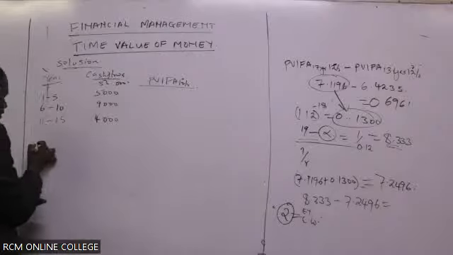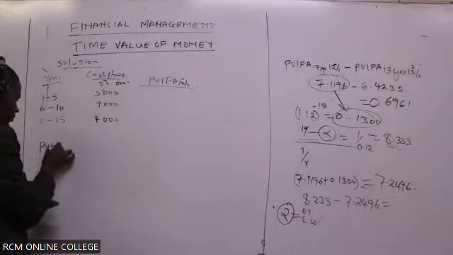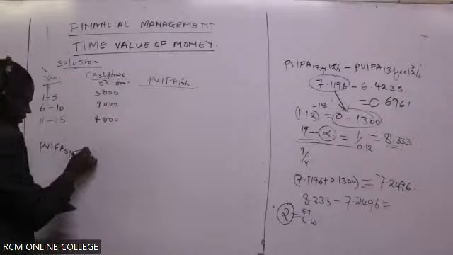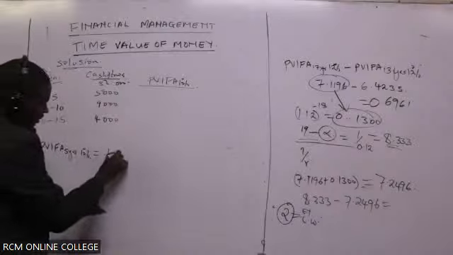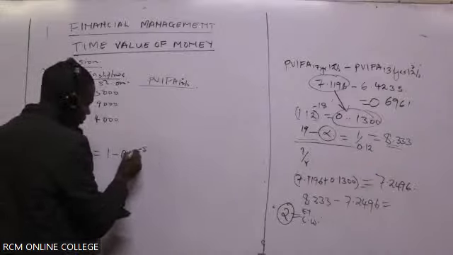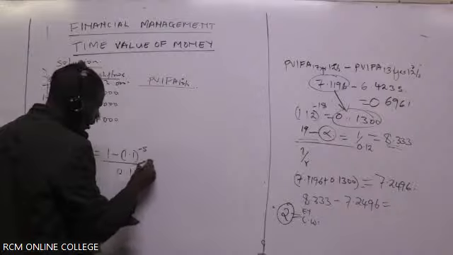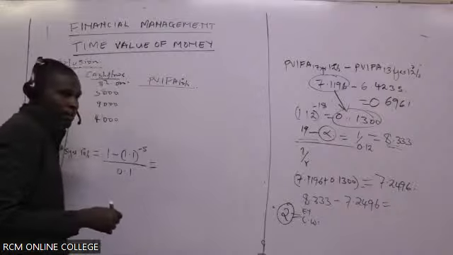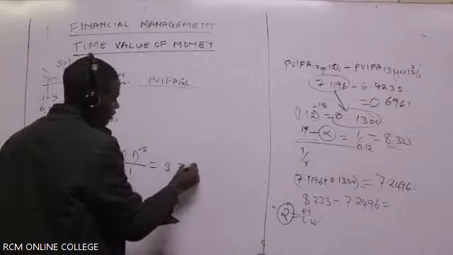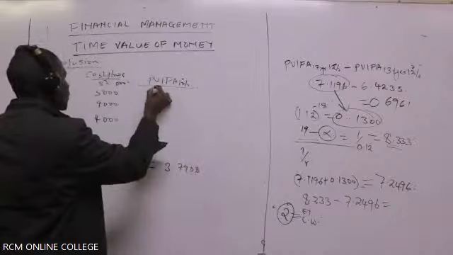So it will be PV for 5 years at 10%. What do you get? 1 minus 1.1 to the power negative 5 divided by 0.1. 3.7908. That's good.